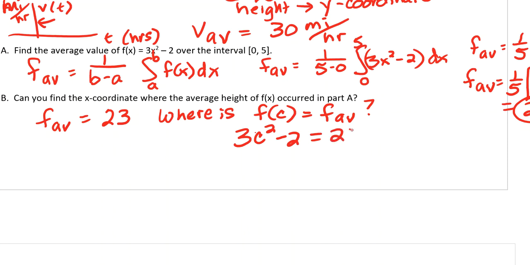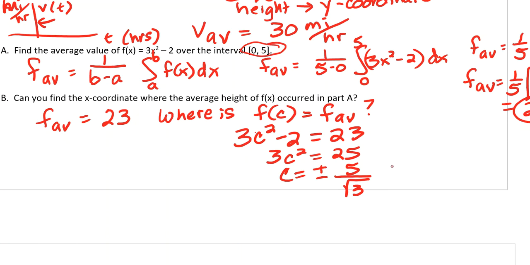We want to know when that reaches a height of 23. So 3c squared is 25... c would be plus or minus the square root of 25 over the square root of 3. Our interval in this problem was from 0 to 5, so only c equals positive 5 over radical 3 is in the interval we're interested in.